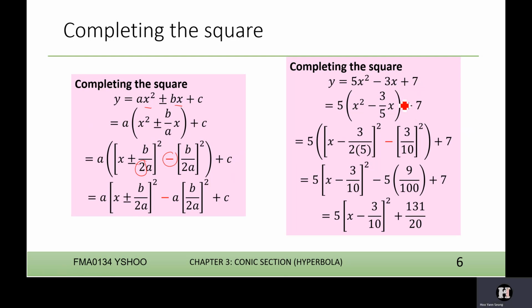As usual, keep the 7 to one side, and we factor out the 5, so we have x squared minus 3 over 5 x. Then don't forget we have a 2 down here, so x minus 3 over 2 over 5, then put square, then minus whatever is in the second term, so 3 over 10 squared, plus 7, and then we expand. When you expand, be a little bit careful, this is minus, so keep the minus here. Then using the calculator, simplify the second and third terms, so we have this. So we have already finished our completing the square.